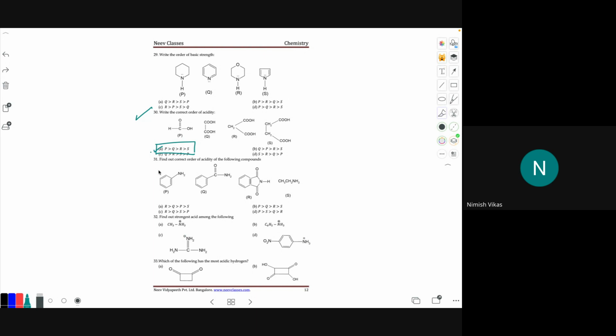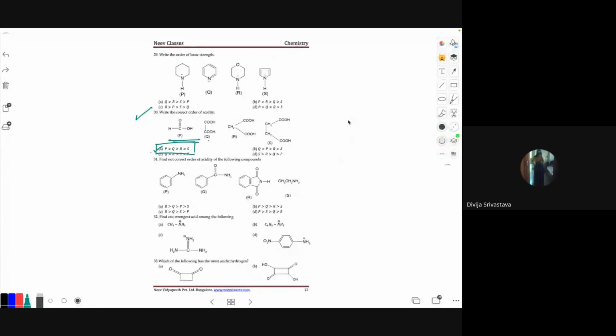Option number B. No. Sir, it should be C because of minus I effect, I think. Next D बोल देना. नहीं, sir, C है पक्का. एक सेकंड. Q R Q S. R S P. सही तो है भाई. This is right.